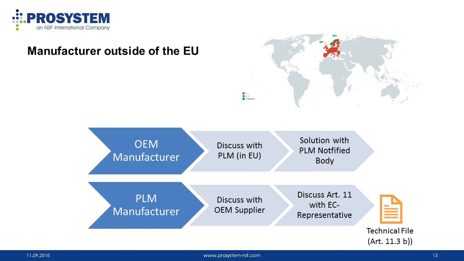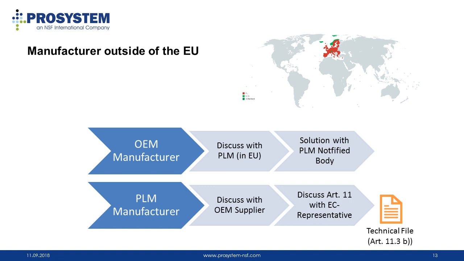And there are quite a lot of changes for these authorized representatives. So make sure that your current EC rep will remain in business and will remain with these MDR requirements in Article 11, because there are changes to the liability of authorized representatives, and also there are requirements regarding the technical file.